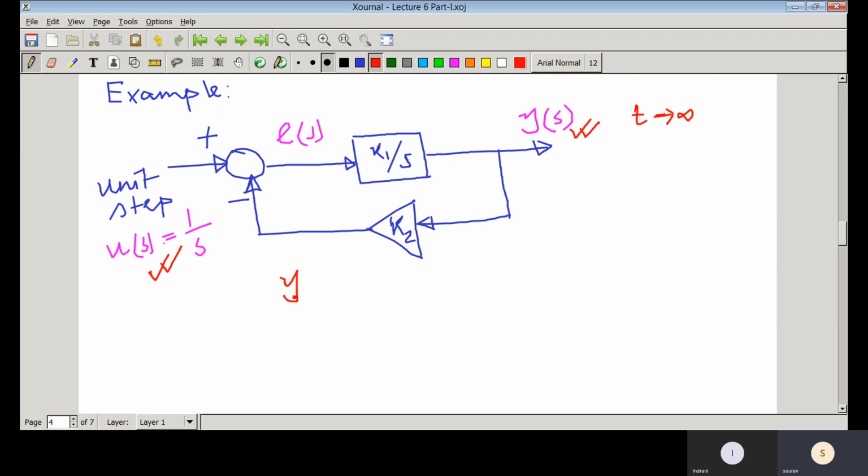Here you can see that Y(s) equals K1 by s into E(s), where E(s) is U(s) minus K2 into Y(s).